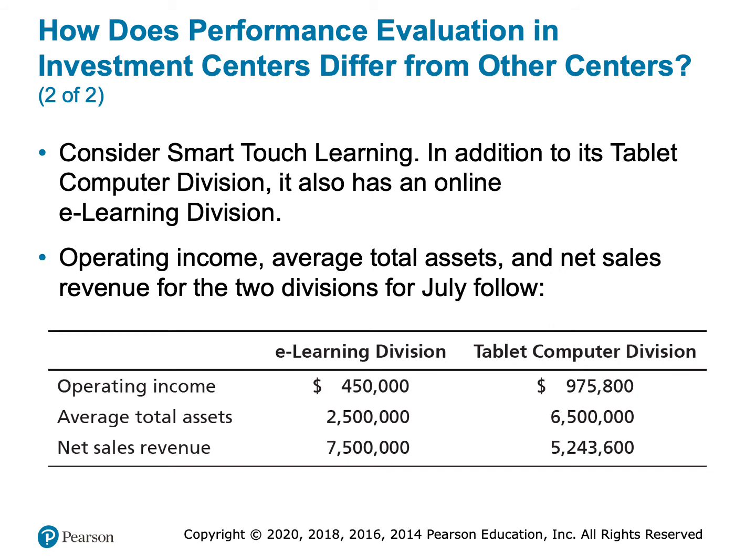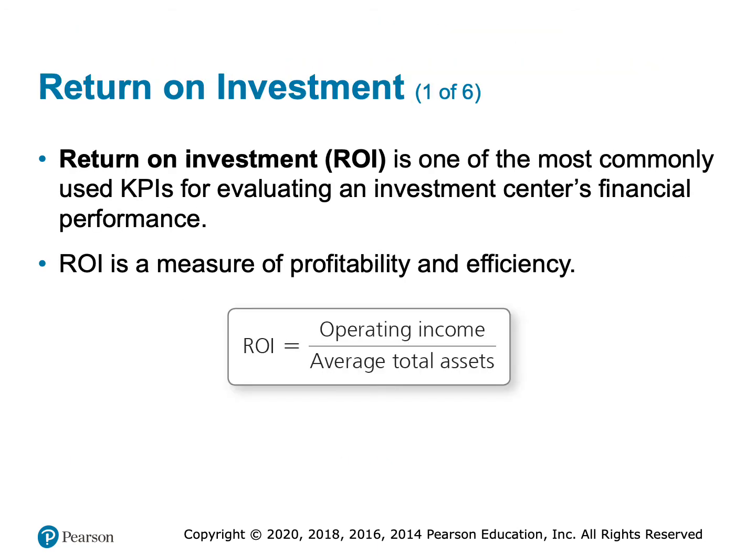Let's break it down and look at the data a little bit differently. The first way we're going to look at it is what's called return on investment, or ROI. ROI is looking at how well we are using our assets to generate profit. The idea is you buy an asset in order to generate profit.